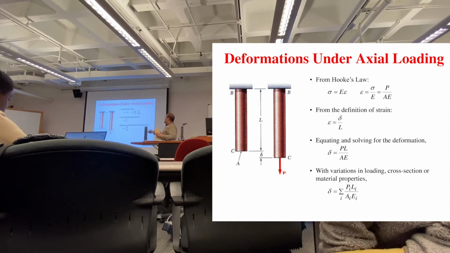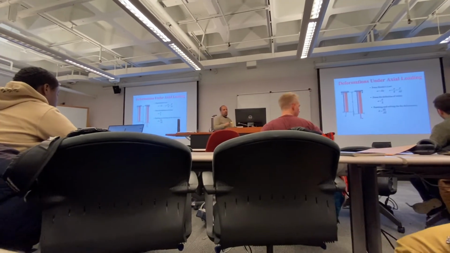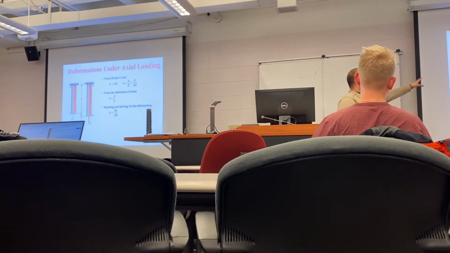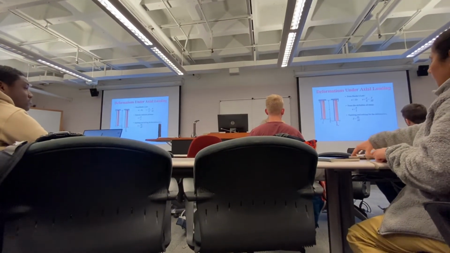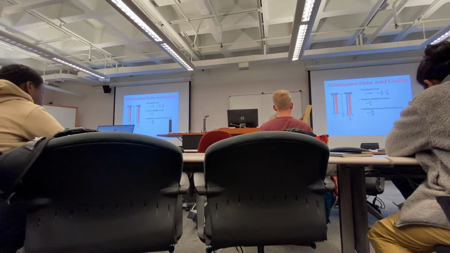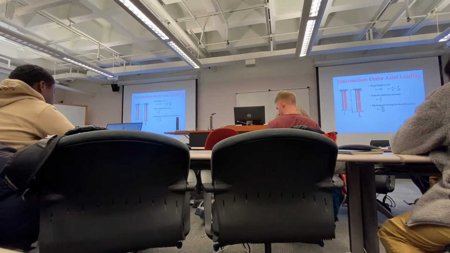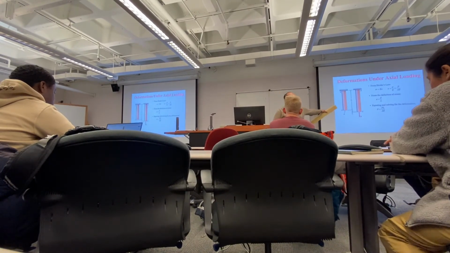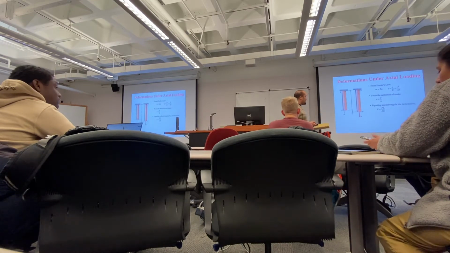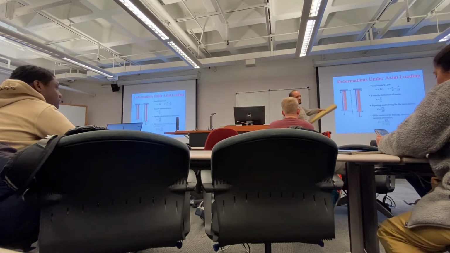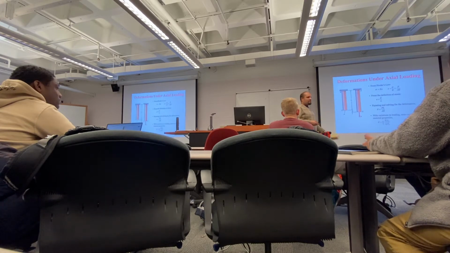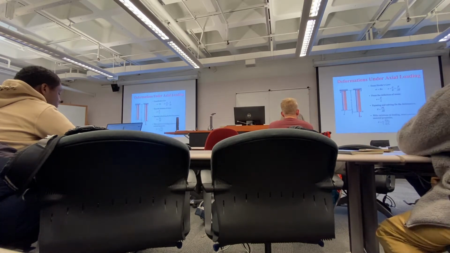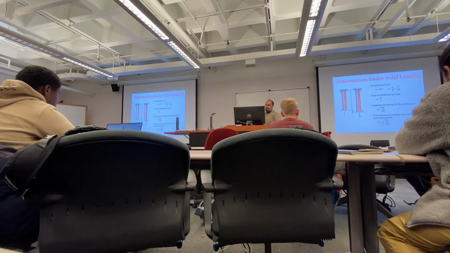Using epsilon equals delta over L, you come up with the equation delta equals PL over AE. Since this is really fundamental, sometimes you may be asked to just use this formula, but typically you may be asked for 2 sections, so your delta is the sum of PL over AE, so it's P1 L1 over A1 E1 and so on. So this is one kind of problem where you are just dealing with axial loads.